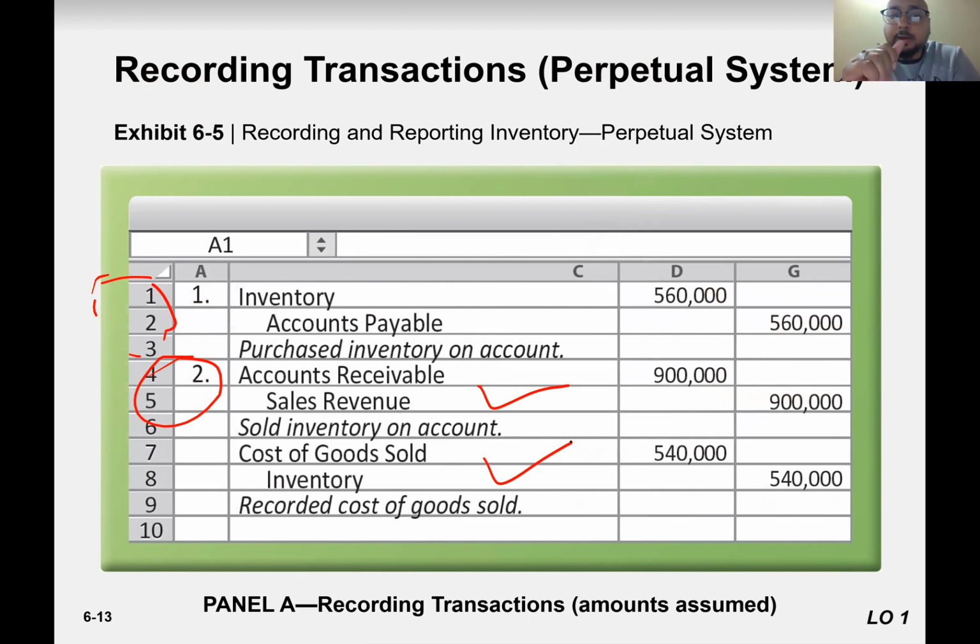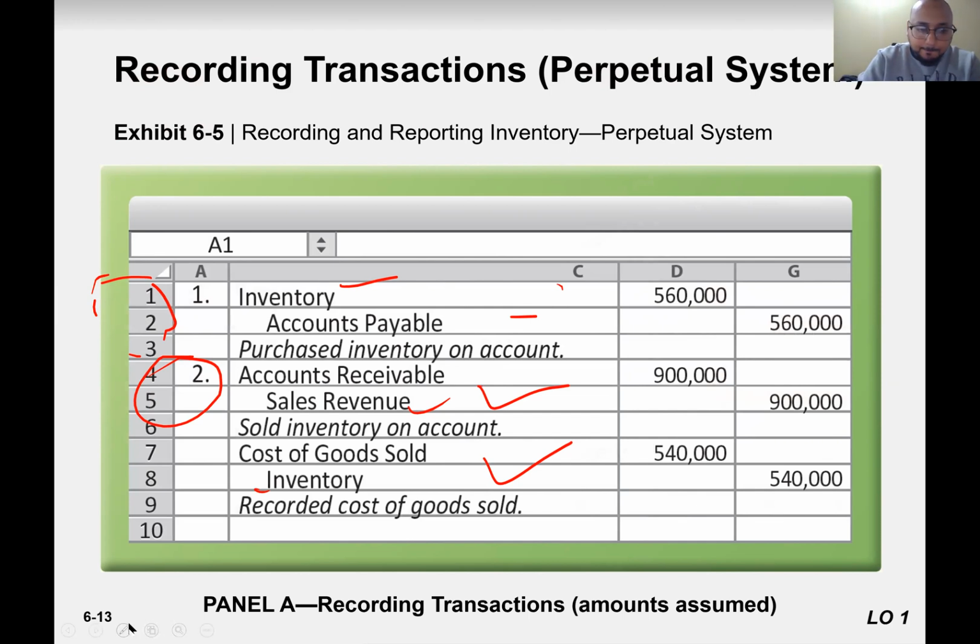The inventory one is when you purchase the inventory on credit from a supplier, so the entry would be inventory to accounts payable. Then when you sell, sales increase, so accounts receivable to sales. And when you need to decrease the inventory, it is cost of goods sold to inventory.